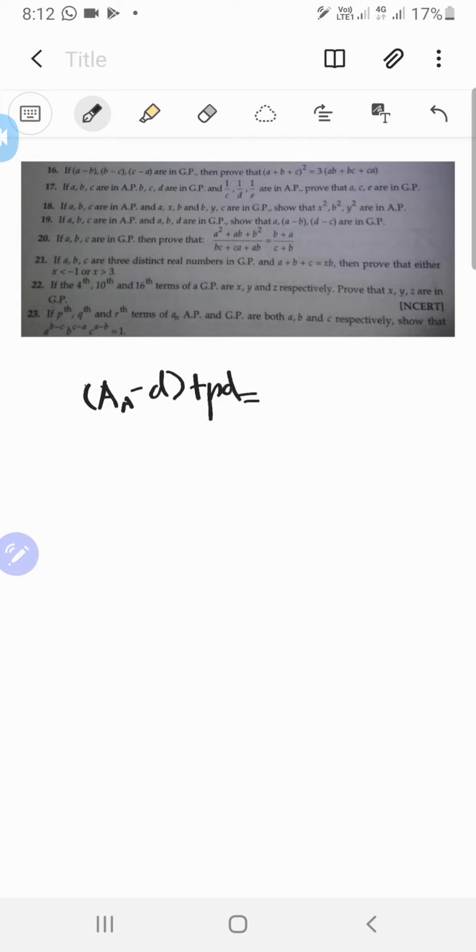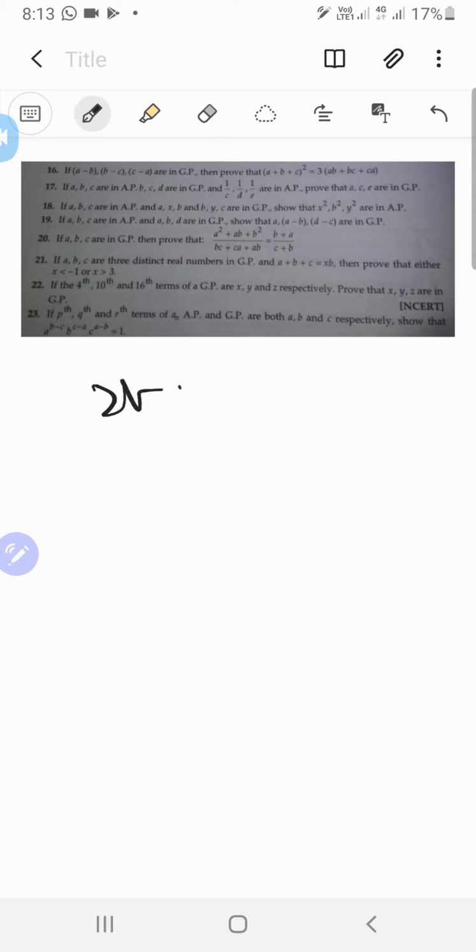This is going to be the pth term, which is a. This is also the pth term of the GP, which is a times r to the p minus 1. Okay, fine. Instead of doing all this, let's do it differently.